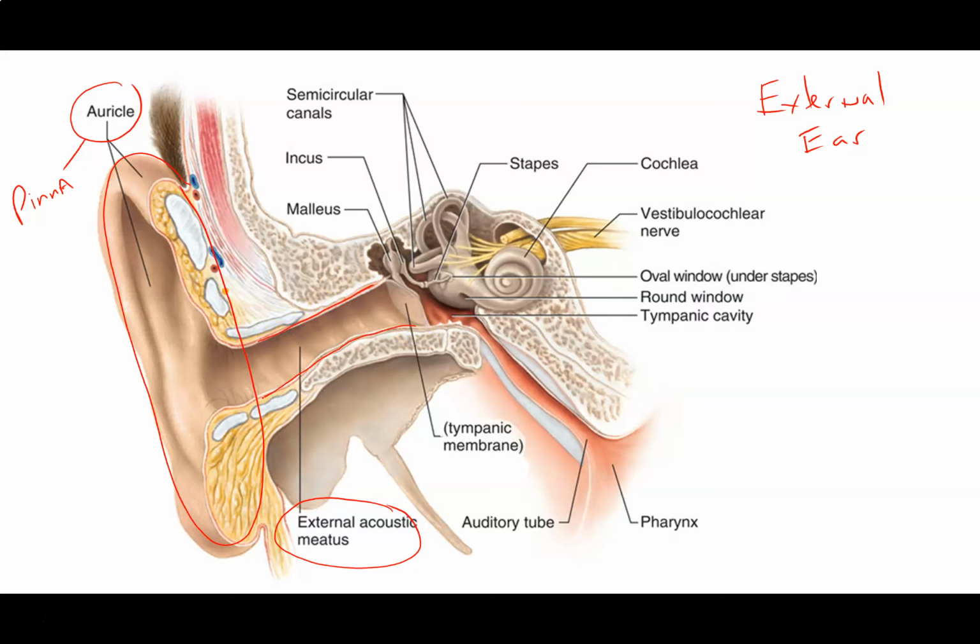Right? The external acoustic meatus ends at the third part of the external ear, a circular or oval piece of skin known as the tympanic membrane. And the tympanic membrane basically separates the external ear from the middle ear that we'll look at next.